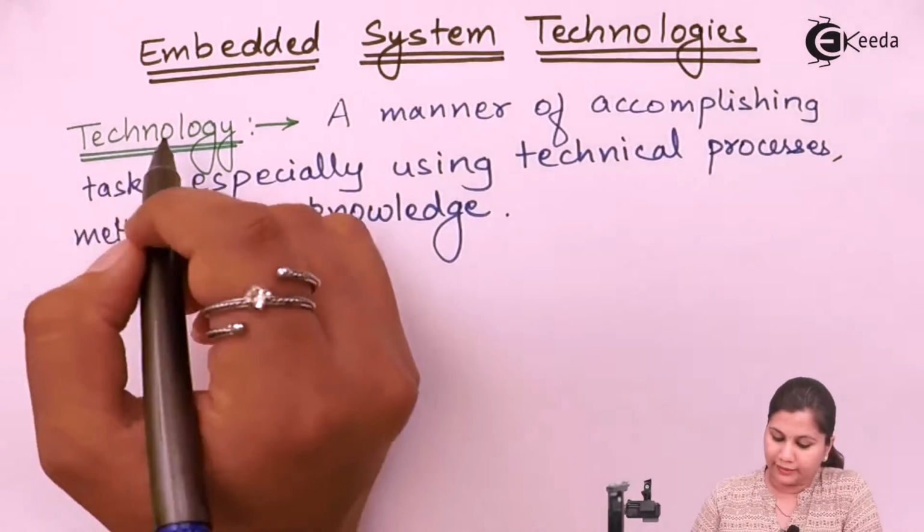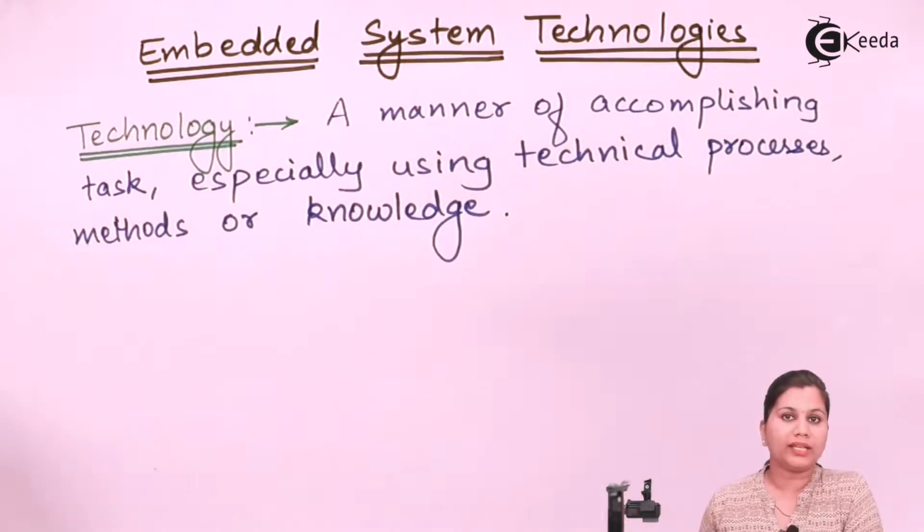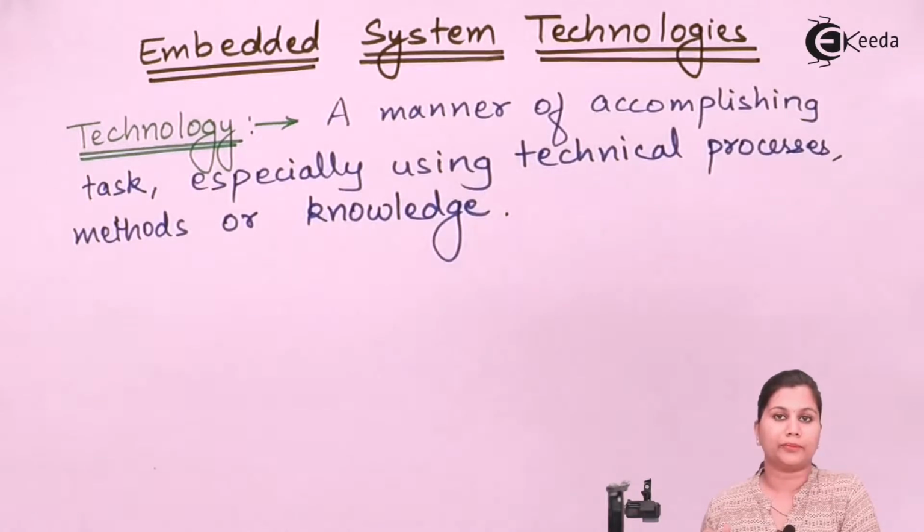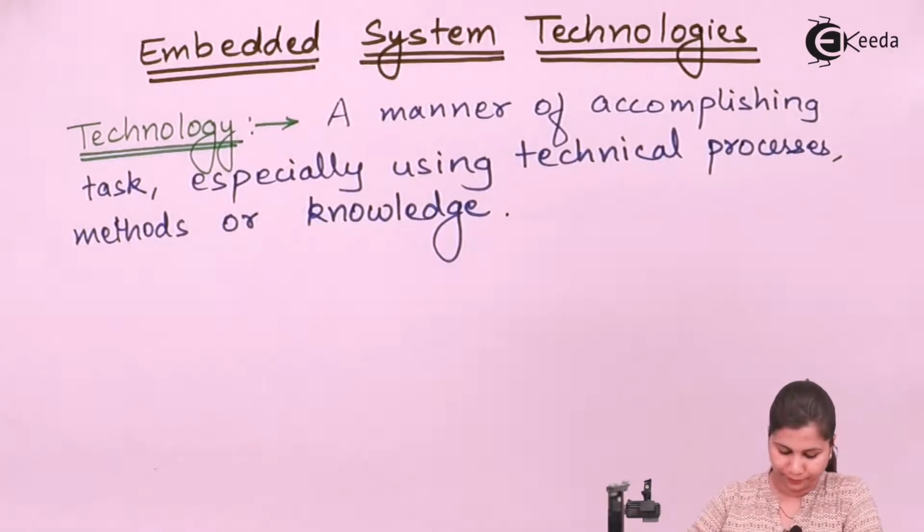Now, in the embedded system, there are three key technologies called the processor technology, the design technology, and the IC technology.